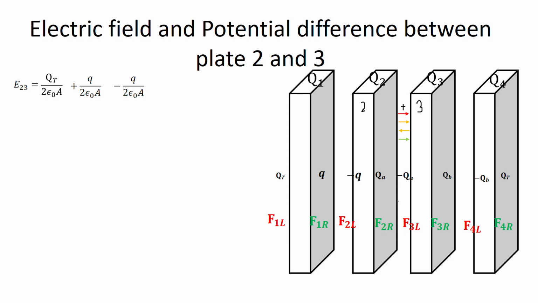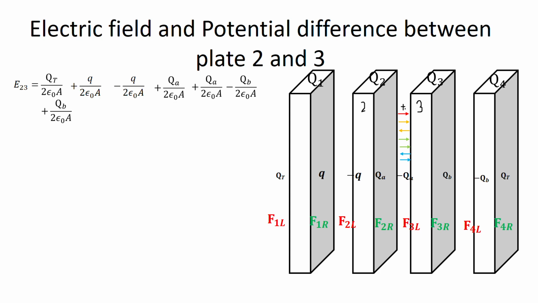And for minus QA, this minus QA will attract this positive charge toward itself, so the electric field again in this case will be towards right, and its magnitude will be QA divided by 2 epsilon naught A. For QB, it will push the charge towards left, which is shown by this blue line, and its magnitude is minus QB divided by 2 epsilon naught A. Likewise, minus QB will attract this positive charge toward itself, so its direction will be towards right, which is shown again by this blue line, and its magnitude is QB divided by 2 epsilon naught A.